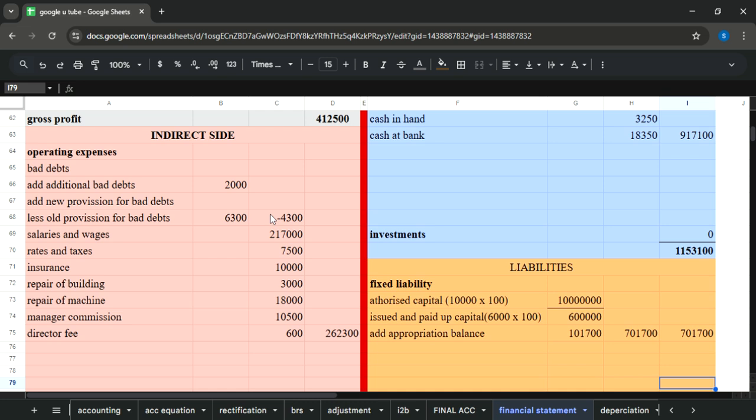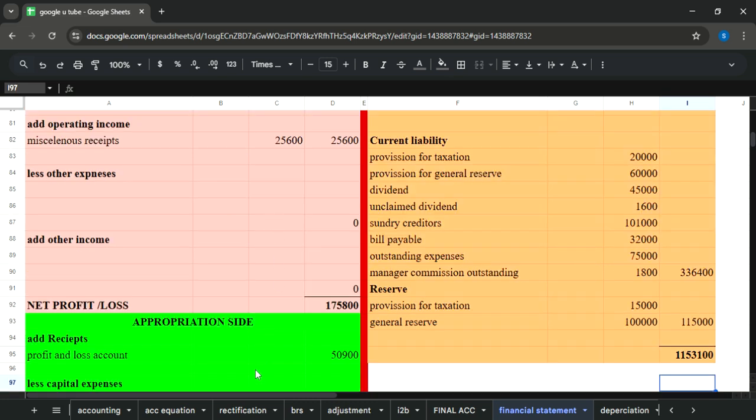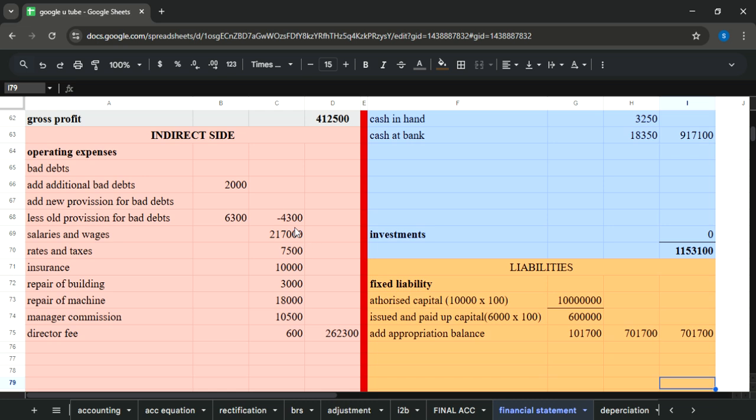You may write this provision on income side. So 4,300 plus sign you can write over here in other income. The third option, you may take this 4,300 to the liability side. In this way, you will be able to complete all of your question with the answer.